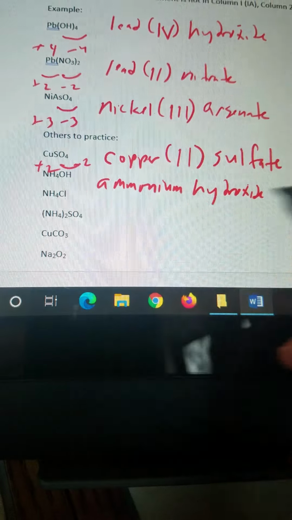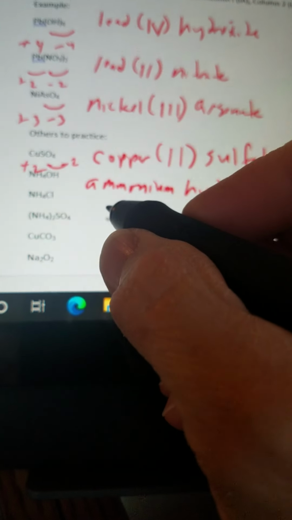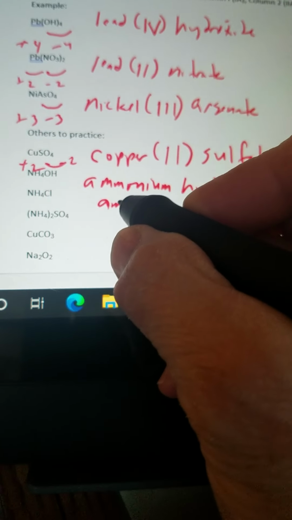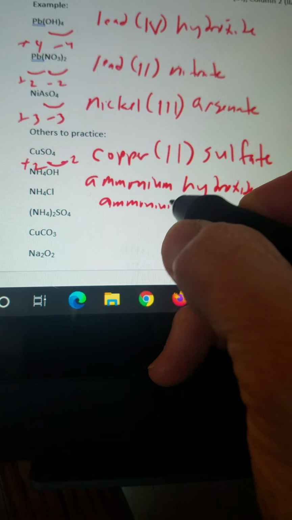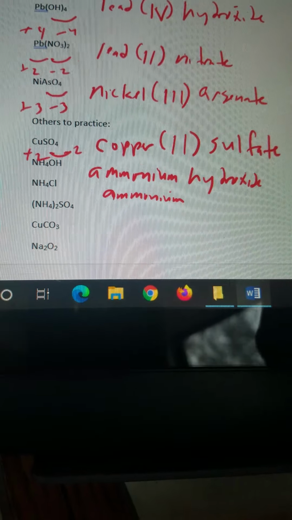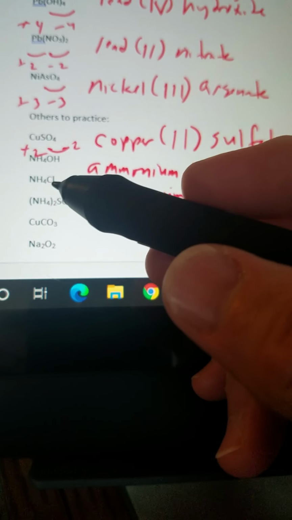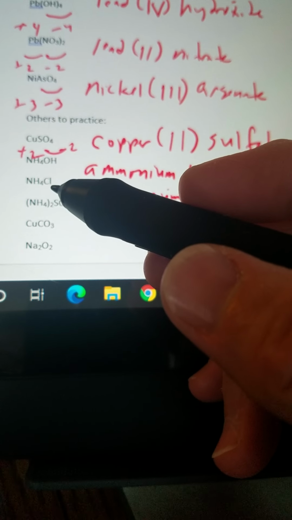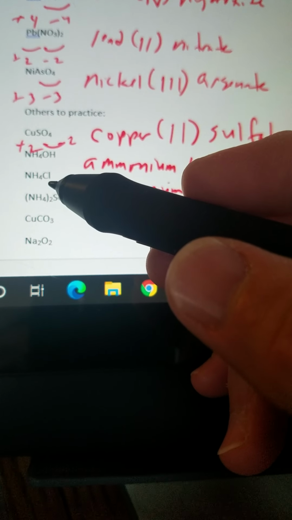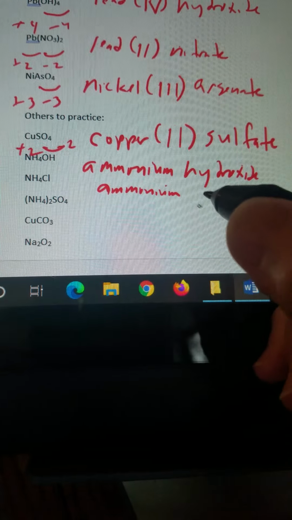If I look at the next one, a polyatomic ion is at the beginning, so I'm going to name it just like it is again, so this will be ammonium. Again, it doesn't need a Roman numeral. Since the second element is single, it needs to be treated just like a single element in all ionic compounds and end in -ide, so this will be chloride.